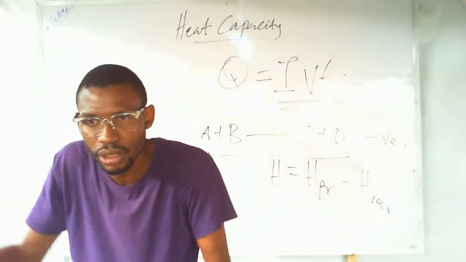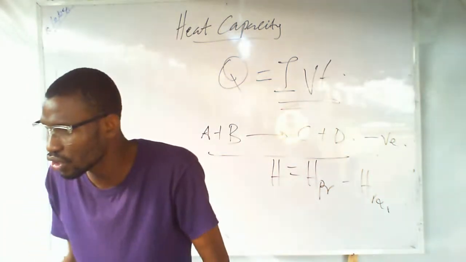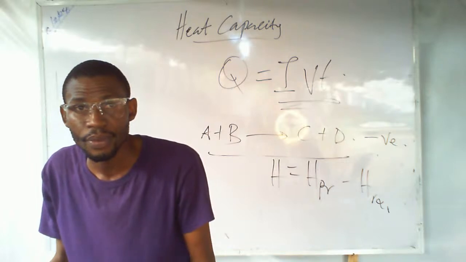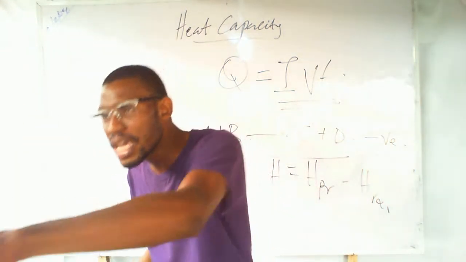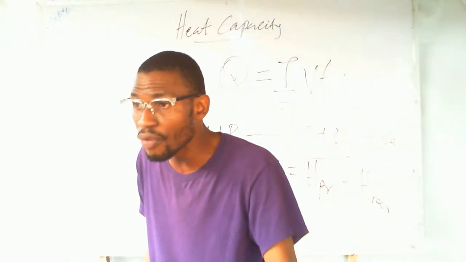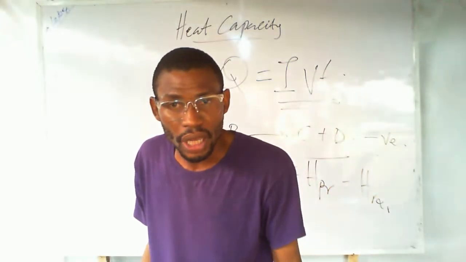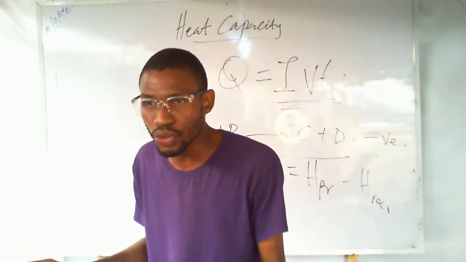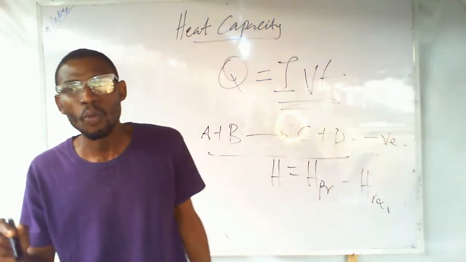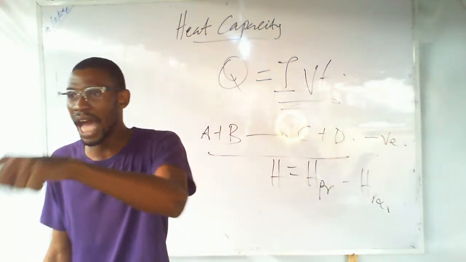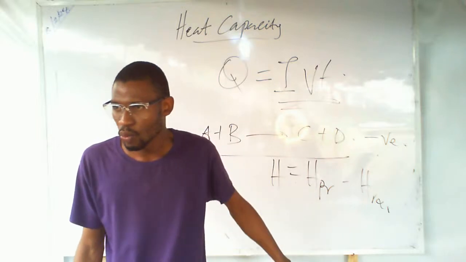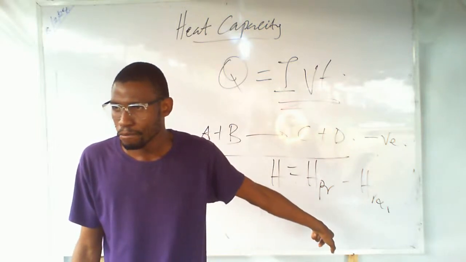The form will change. It will start changing form. So heat is a form of energy. Is it clear to you? So now, with that idea, you have to listen to this. Are we together?